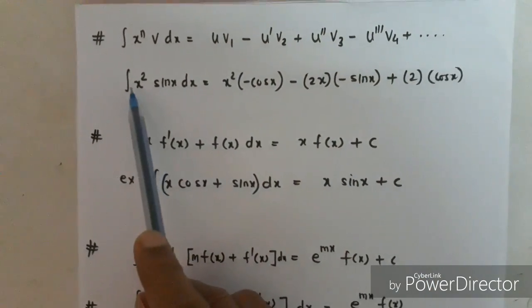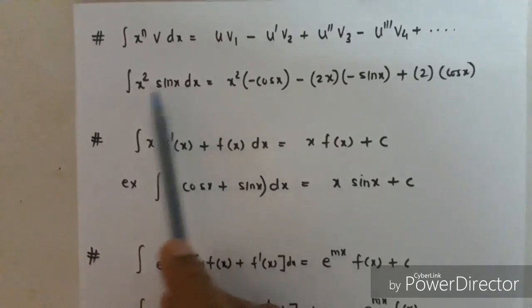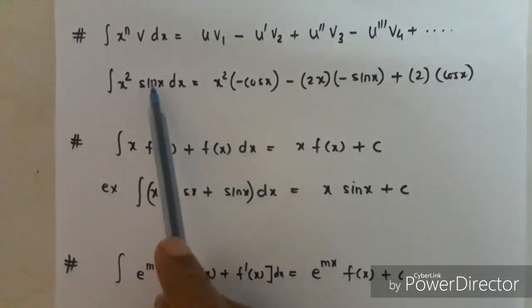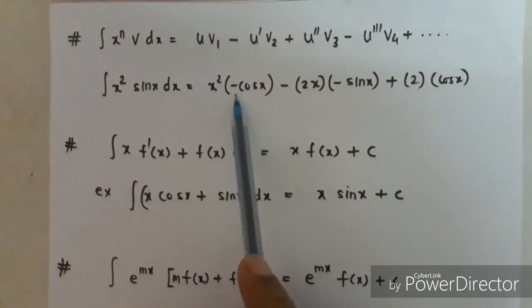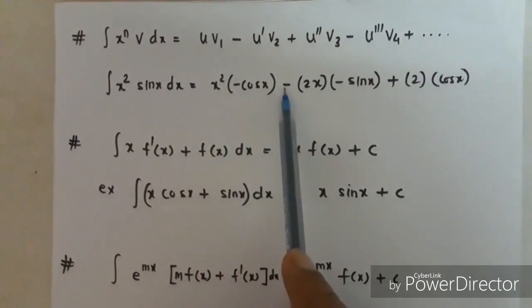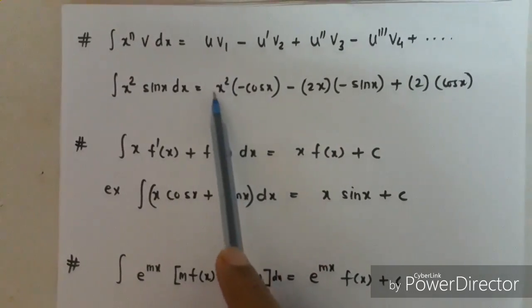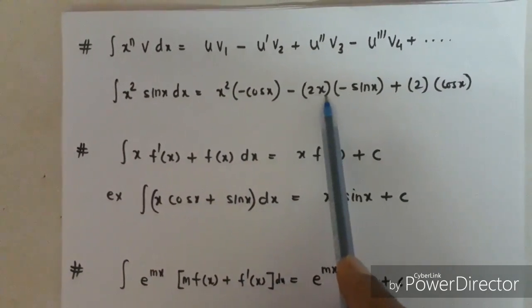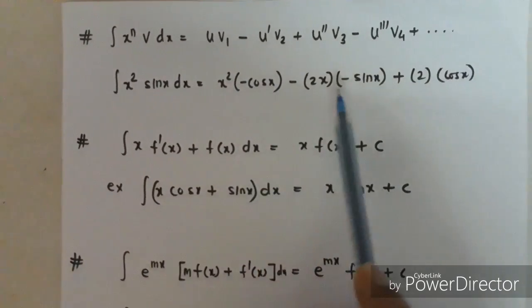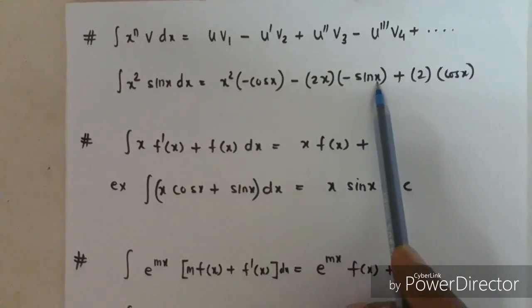Let's take an example. Integral x square sin x. So what we do, first we write x square as it is into integral of this term, that is minus cos x. It was plus, now it is minus. Derivative of x square, that is 2x. Now integral of this term minus cos x, its integral is minus sin x.